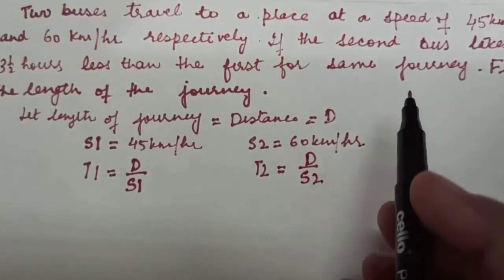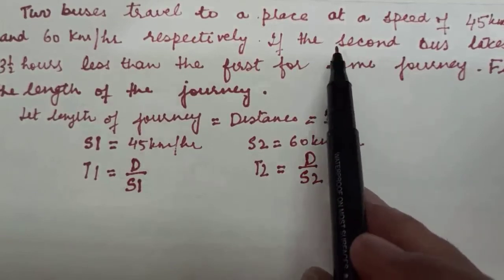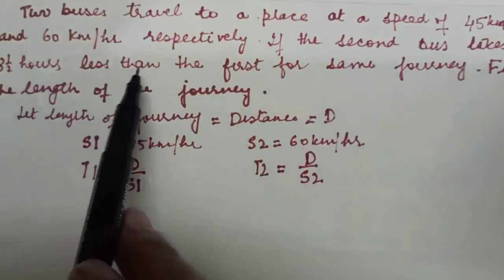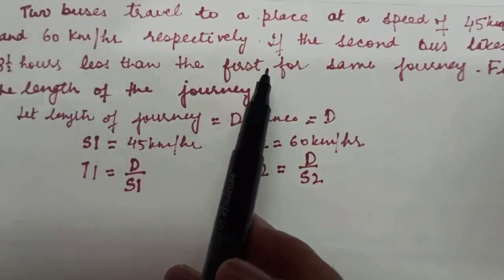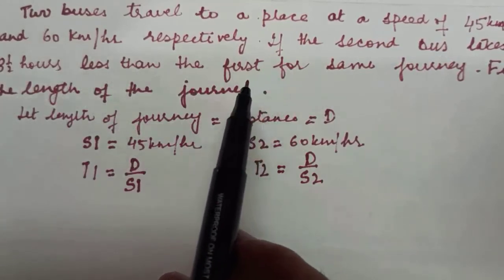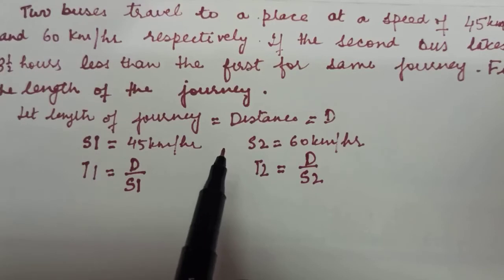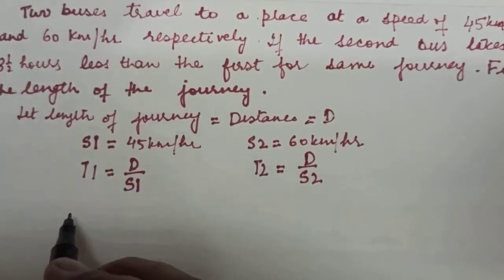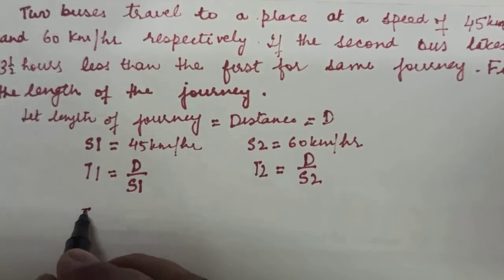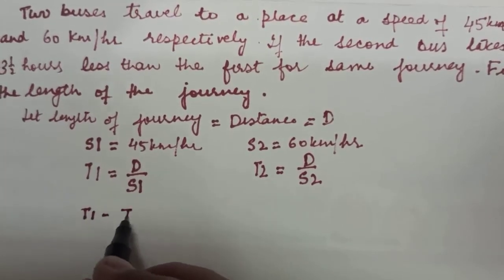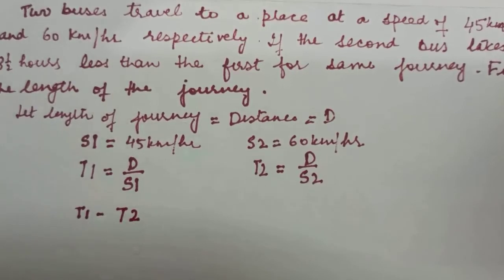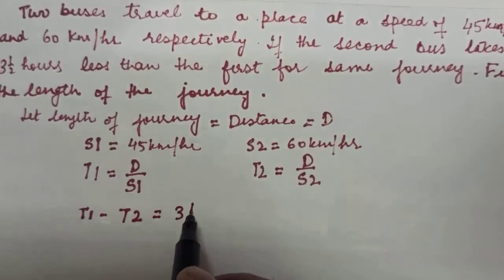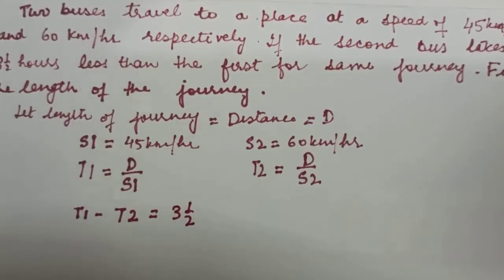Then if you read the statement carefully, we are given that the second bus takes 3.5 hours less than the first, it means the difference in the timings is 3.5 hours. Alright. So we can say this difference is T1 minus T2, equal to 3.5 hours.